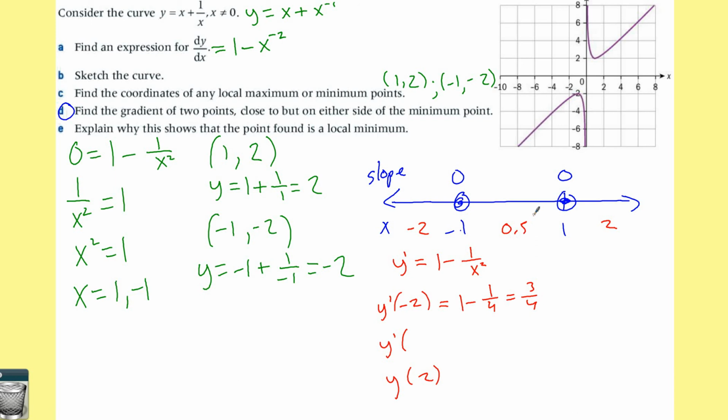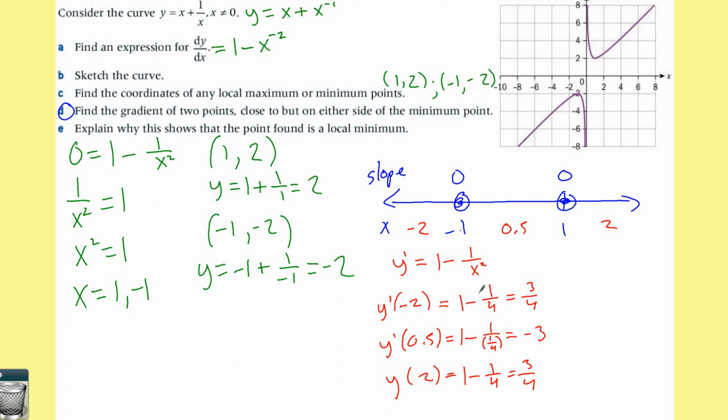All right, so let's plug in 0.5. 0.5 squared is 1/4, so 1 minus 4, we should get negative 3. And our slope at 2 is 1 minus 1/4, which is 3/4.